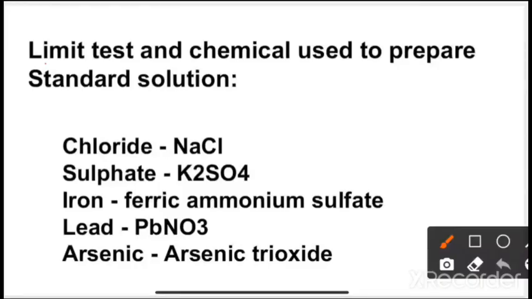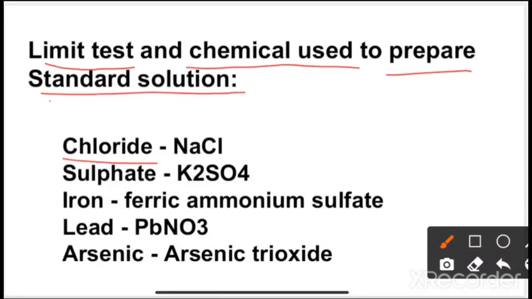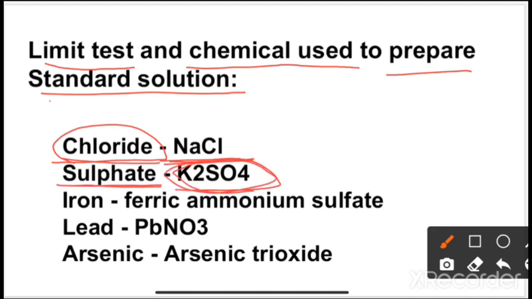Here some limit tests and the chemicals used to prepare their standard solutions are given. First is chloride limit test. For chloride limit test, the standard solution is prepared by using NaCl or sodium chloride. For sulfate, potassium sulfate is used to prepare the standard solution for sulfate limit test.